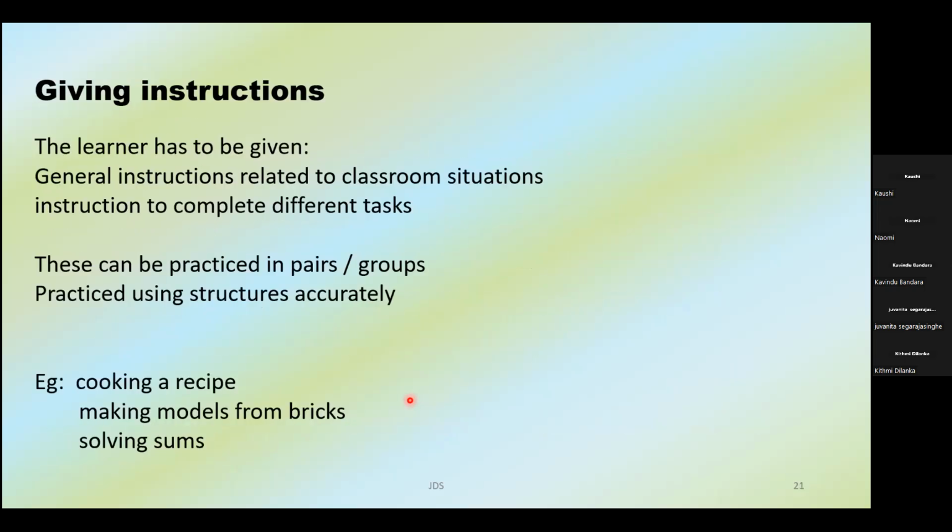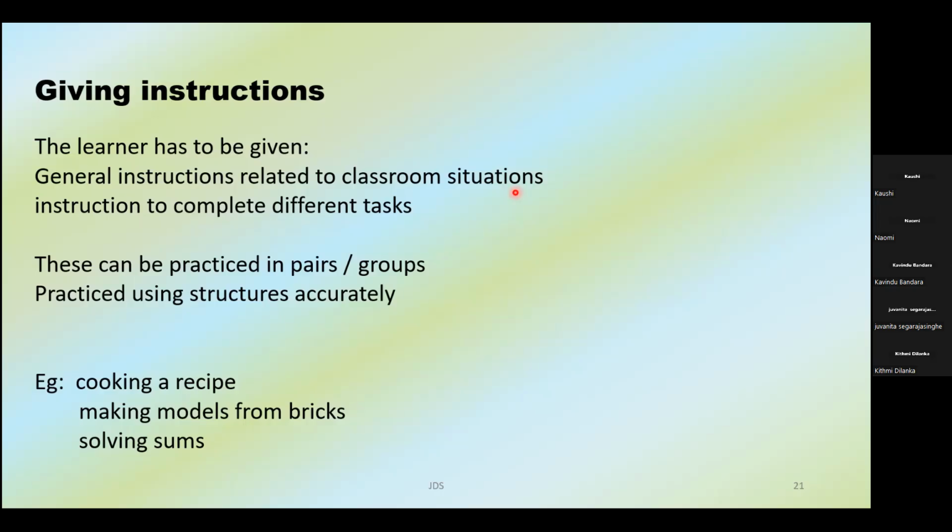Then comes giving instructions, a very simple speaking activity, mostly practiced with primary learners. Learners have to be given general instructions related to classroom situations, what they should do in the class and what they should not do in the class.